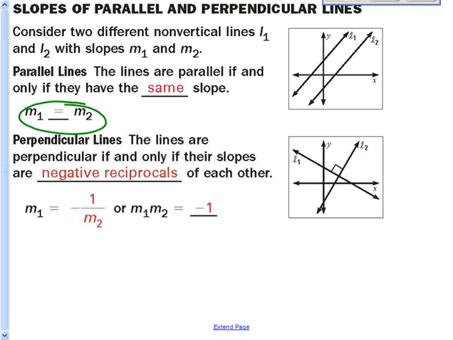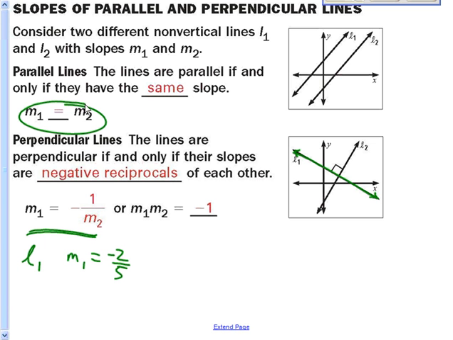Now, if they are perpendicular, that means they must not only intersect, but they must create a right angle, okay? And their product must be equal to -1, or they are opposite reciprocals, okay? So for example, let's say the slope of line 1 was -2/5, okay?